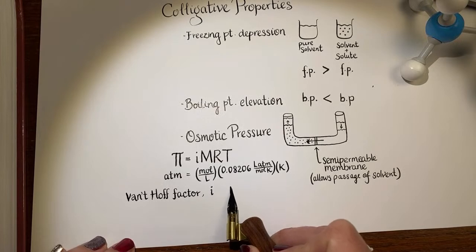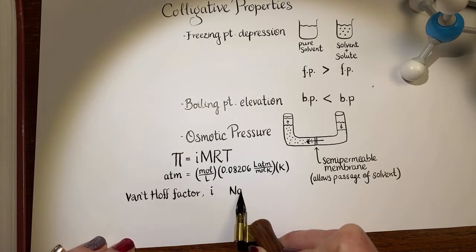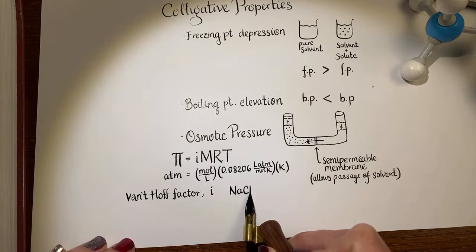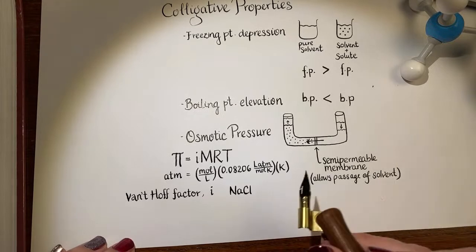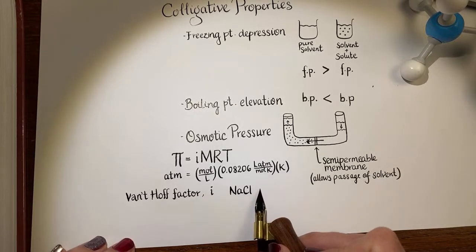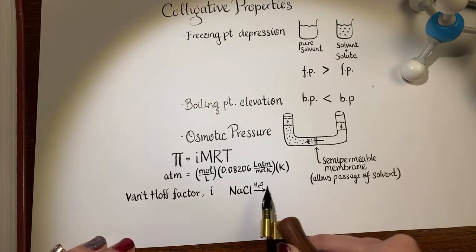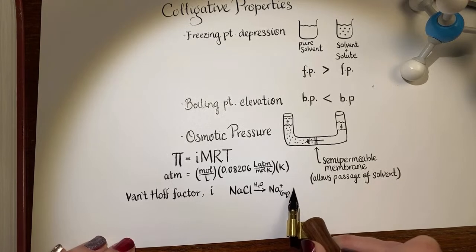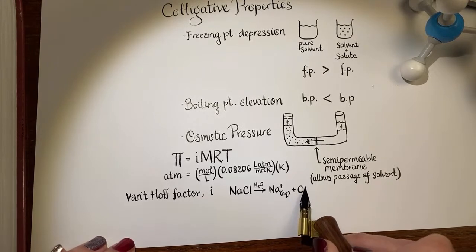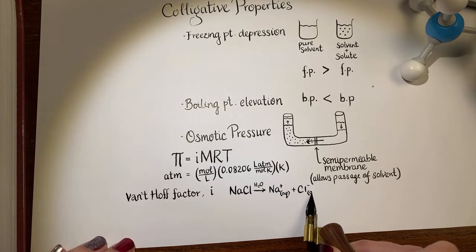So let me give you an example. For sodium chloride, okay, this is a single formula unit, but in water, it breaks apart. So if we were to dissolve this, I'll just say put water over the arrow here, we get aqueous sodium ions and aqueous chloride ions.